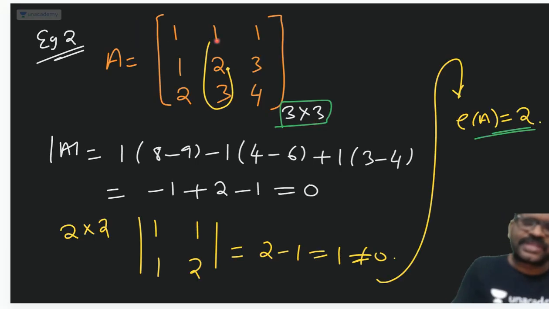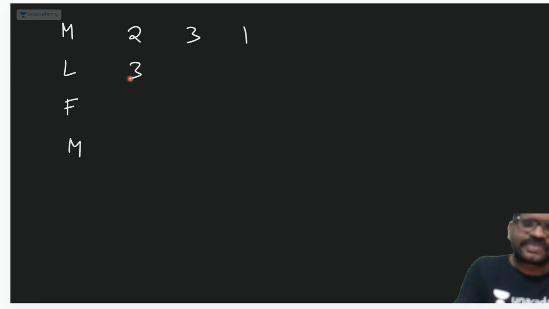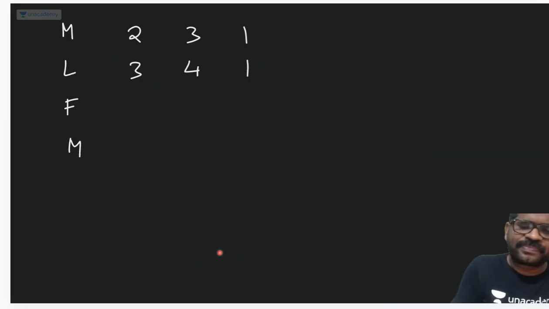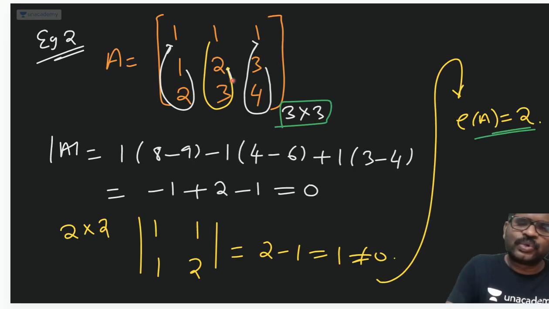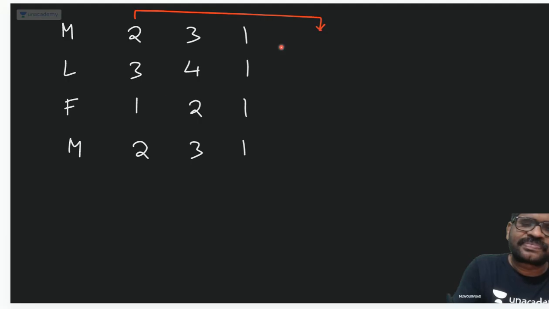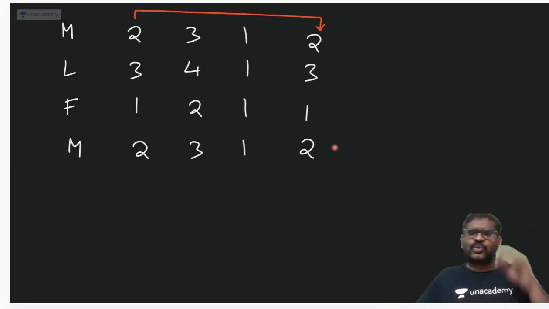Next, last: 3, 4, 1. Next, first: 1, 2, 1. Next, middle: 2, 3, 1. Repeat the first column: 2 3 1 2 2 3 1 2.